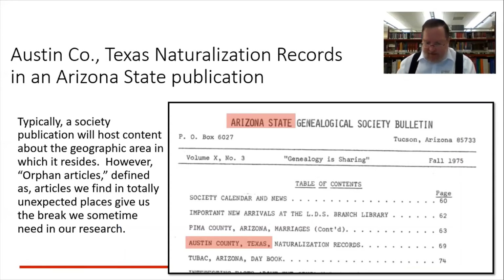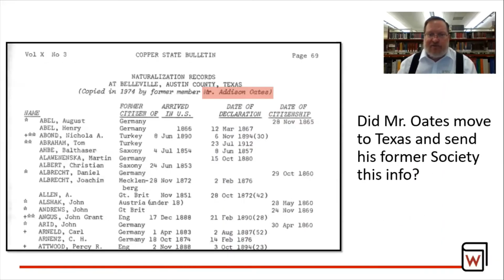And so this is how, in a periodical, you can get records not just from the geographic area, but from far away. And that's where an index is going to be very valuable to you. So did Mr. Oates move to Texas and send his former society this information? That's probably a good choice as an answer.